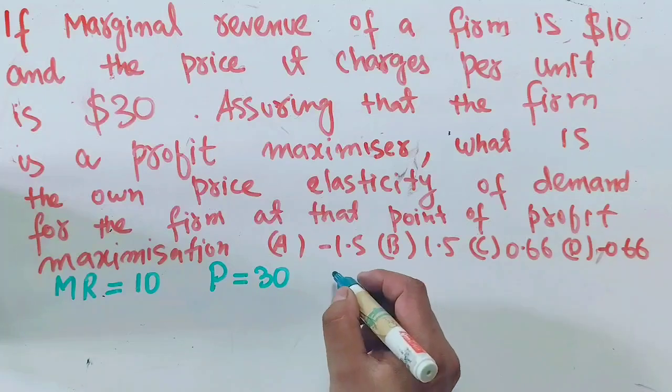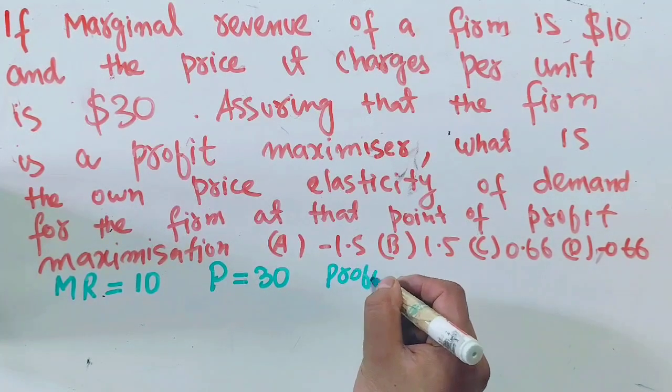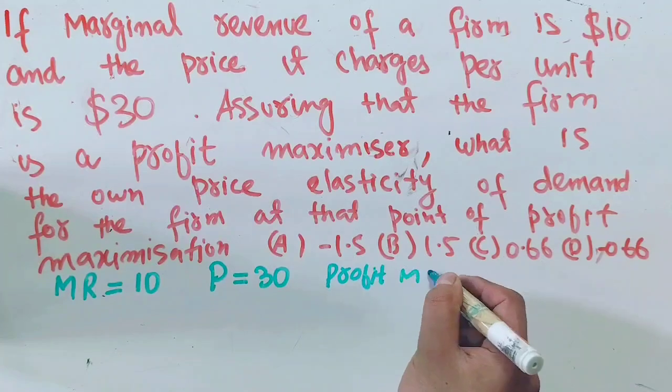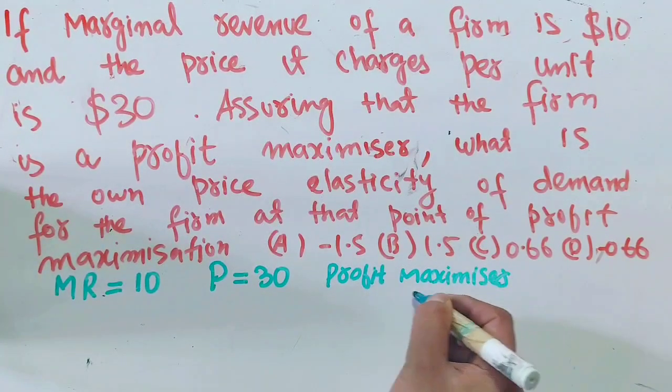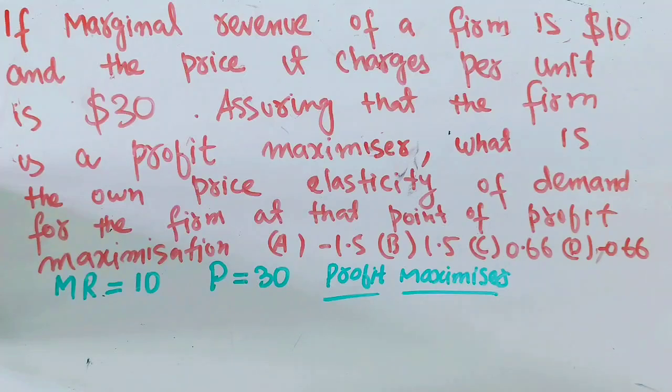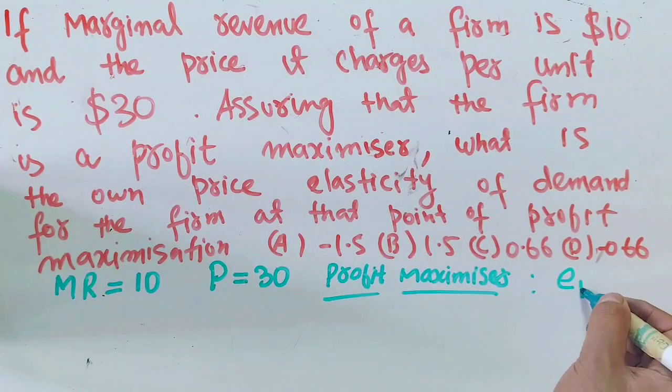Also we are being told that the firm is a profit maximizer. Okay, we need to find out the elasticity of demand, that is the price elasticity of demand for that very firm.